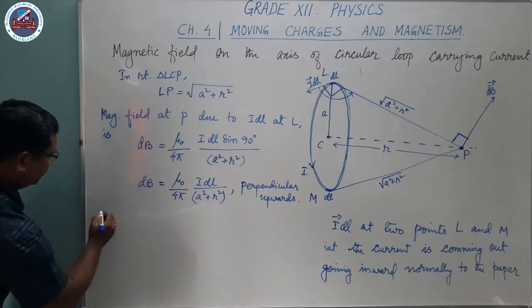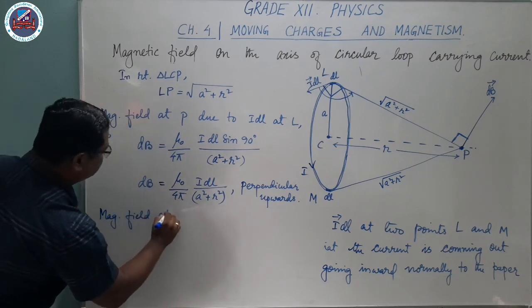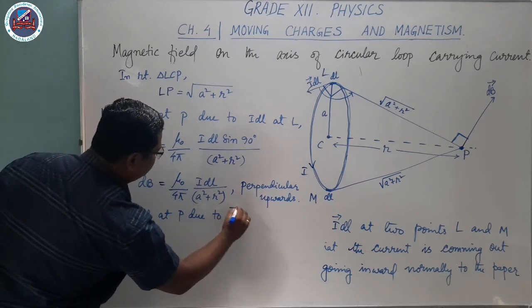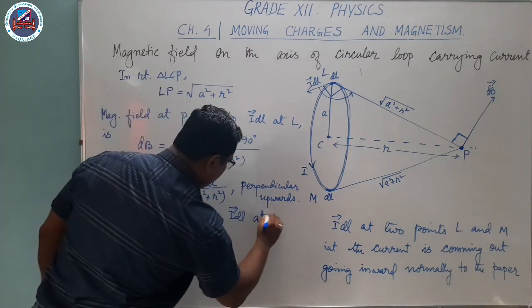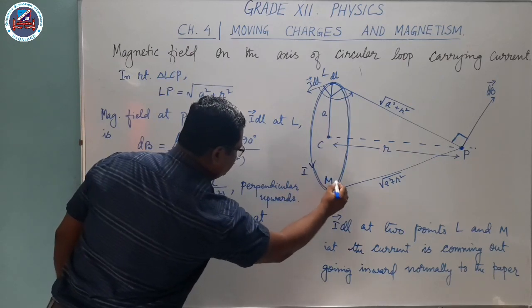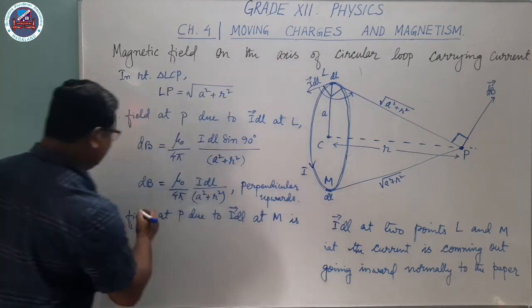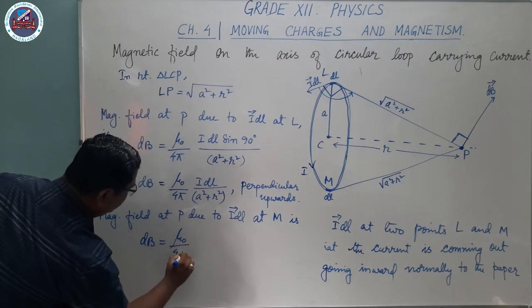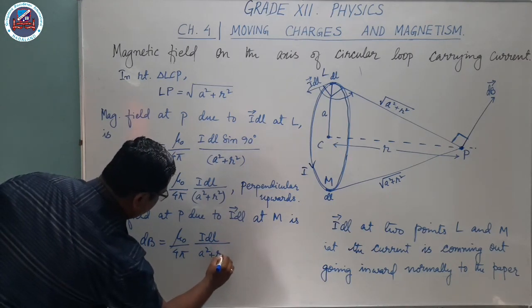Let me write down here: magnetic field at P due to Idl, and put an arrowhead here indicating vector, due to Idl at point M. This is point M. It is, it will remain the same.